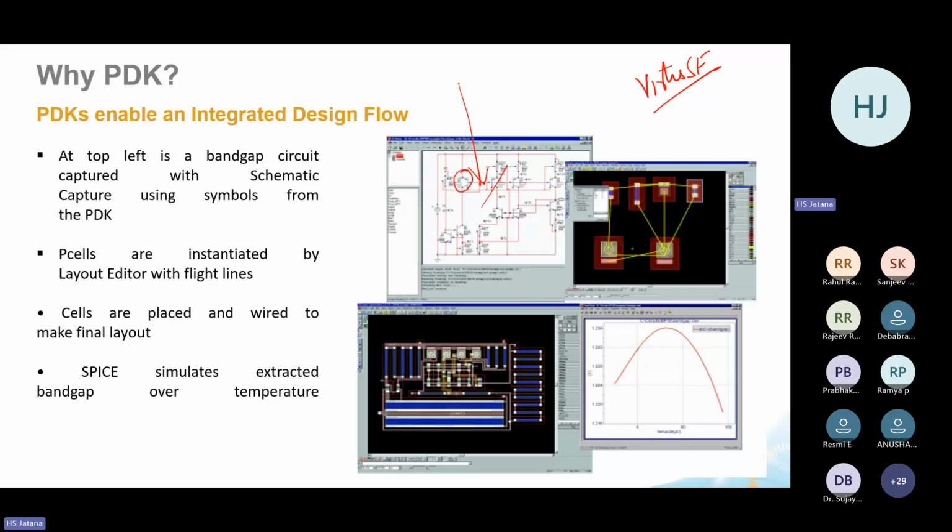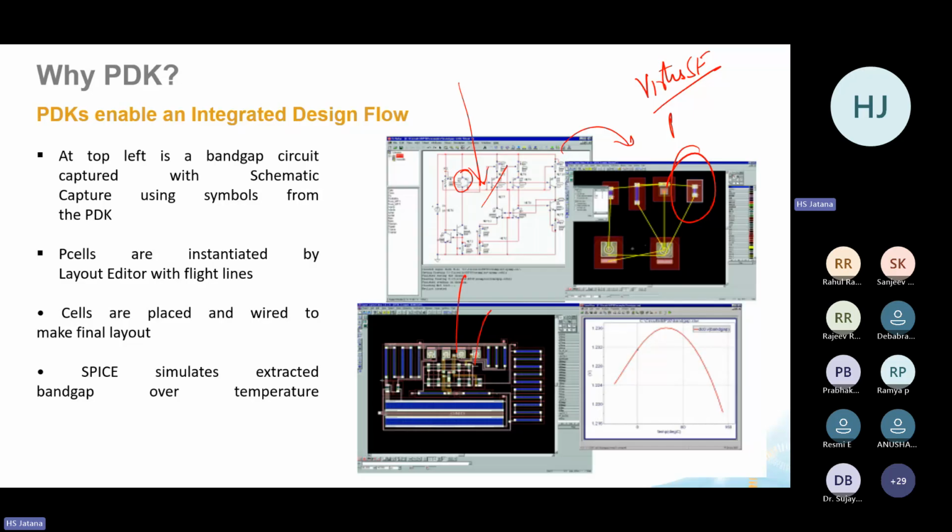And if your functionality is met, the next thing is you go for the layouting and call the P cell of each component, which is a parameterized cell which will have all the information about the various layers used in this device, as shown here. So when you call the P cell, they will do the layout like this.